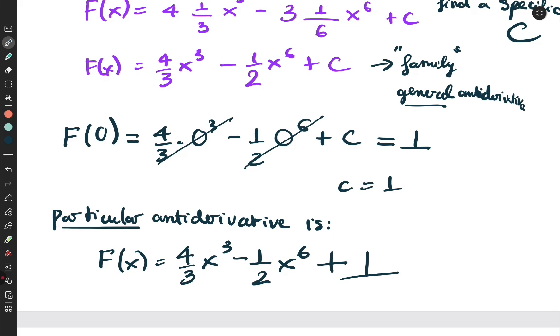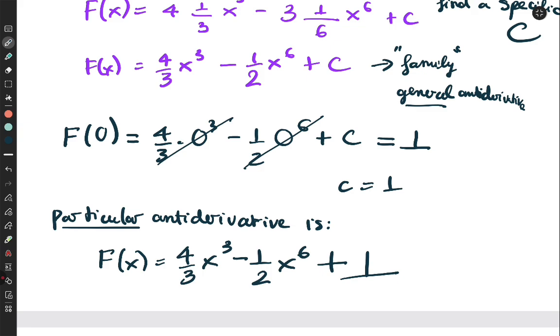Just a few new vocabulary words, okay? If you have plus C, you call that general. General, because you have too many to count. Then you plug in the initial condition, whatever condition they give you, find a specific C, a particular C, and you end up with a particular function right here. Now this one is not unlimited.